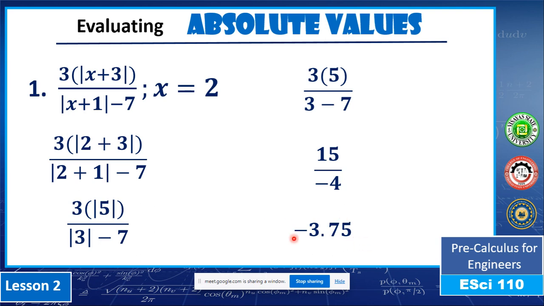Sir, didn't you tell us a while ago that absolute values cannot be negative? Why is it that we arrived at this answer? Of course, because not the whole expression has the absolute value bar. Only inside the parentheses and also on the denominator. So we can still arrive at a negative number.